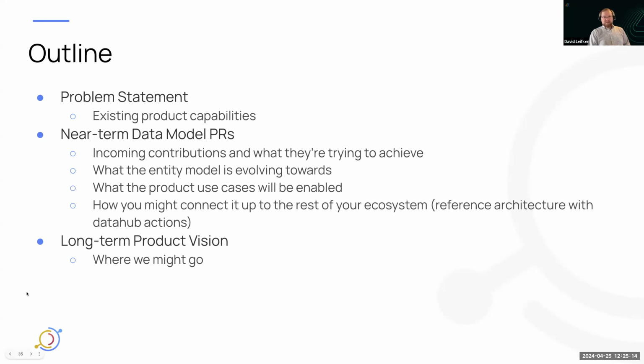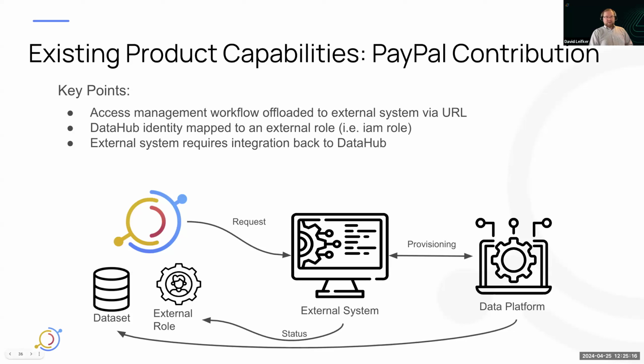All right, next slide. Let's take a look at what exists in the system today. We can define an external role, and an external role could be something, for example, like an IAM role in AWS that ultimately has the privileges and permissions for you to access data on the system. Within DataHub, what you'll see is a link to request access via an external system.